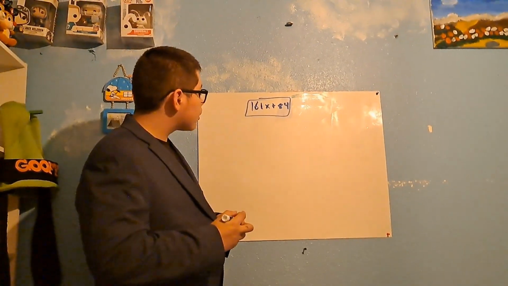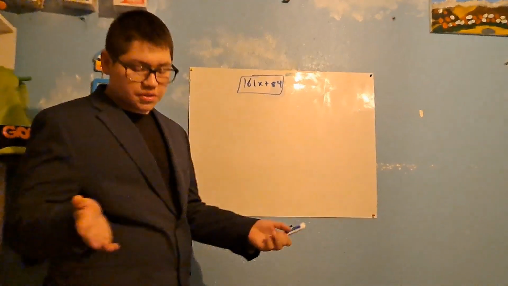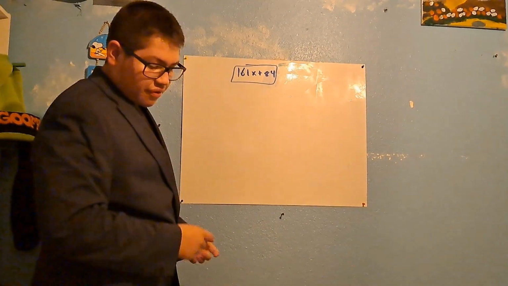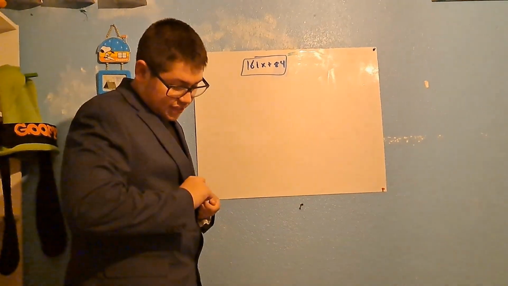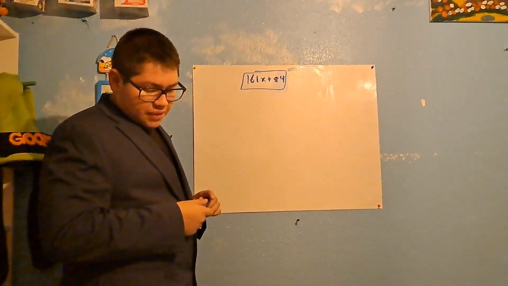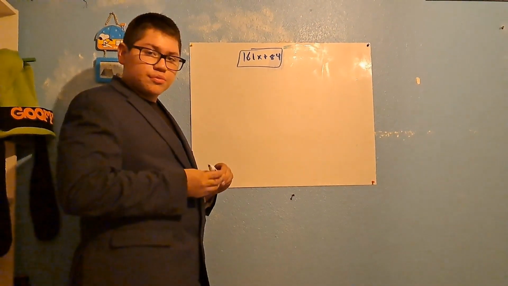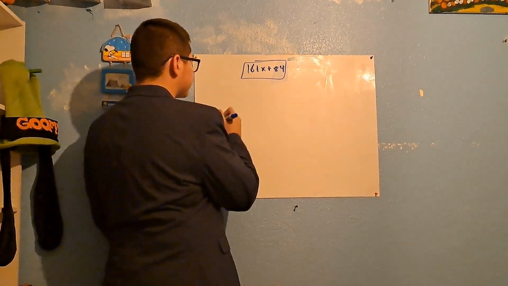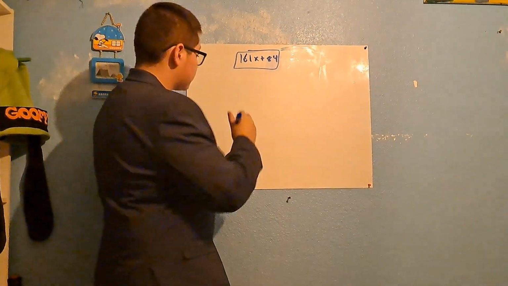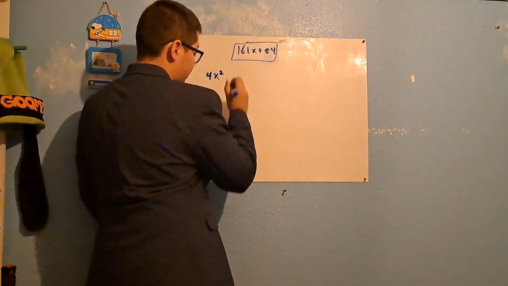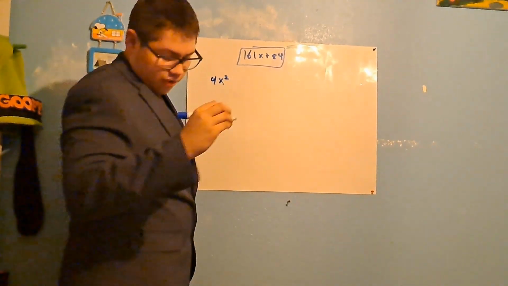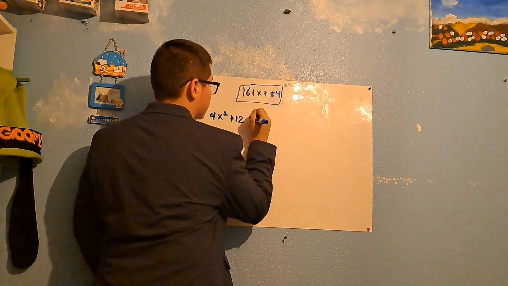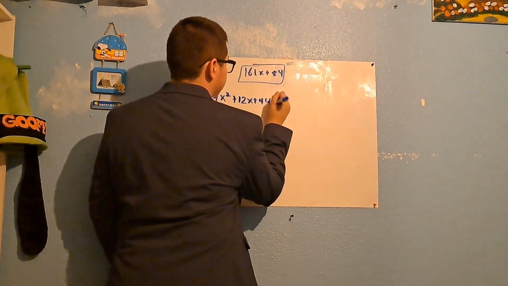Okay, so now that we have our first part of our problem solved, we would have to plug it back into the equation. Now, how could we do that? We have to redo the whole problem, including 4x squared, which was our beginning term, 4x squared plus 12x plus 44.